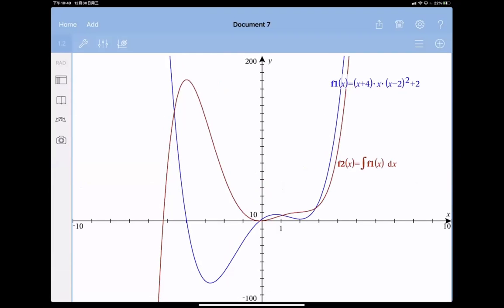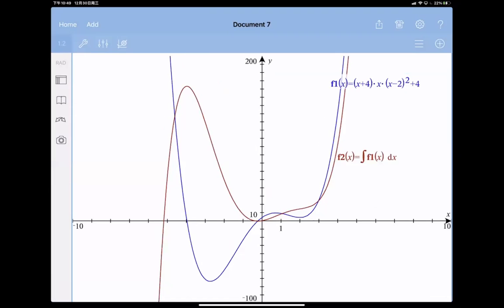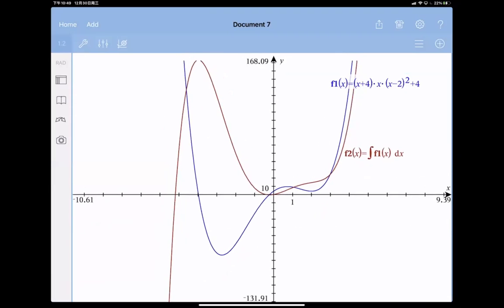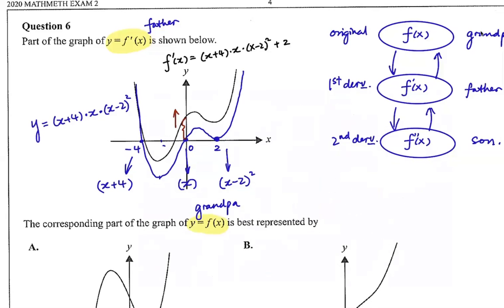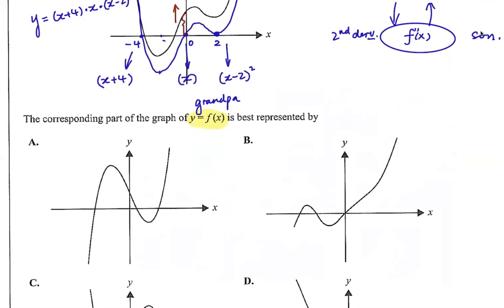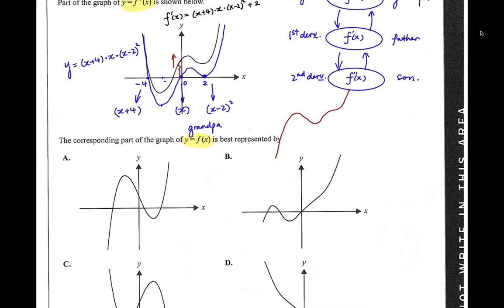Should look like that. Let's try another number. Okay, doesn't change much. So we know the antiderivative should look like that. Therefore, the closest answer should be B.